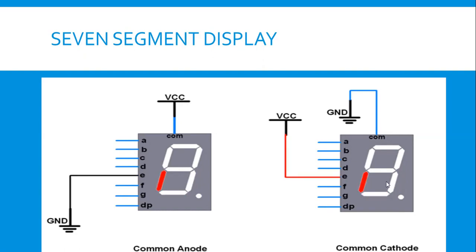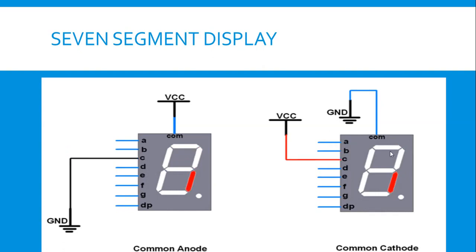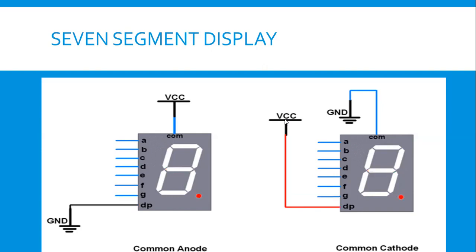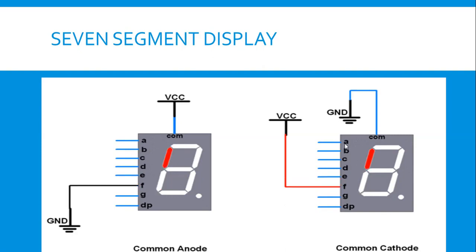And if you want to light a particular segment of the display, then the corresponding anode terminal of the LED should be connected to VCC. I mean you have to send logic 1 to the corresponding anode terminal of the LED. So this is how the 7 segment display will be working.